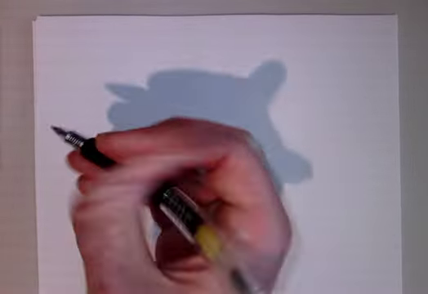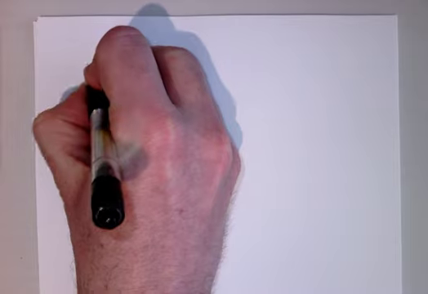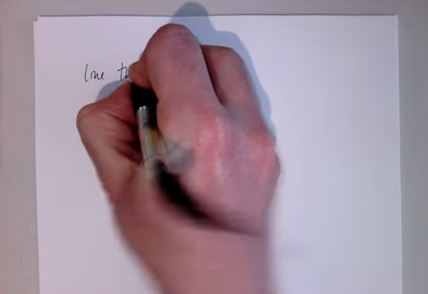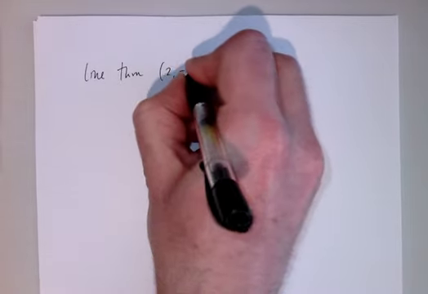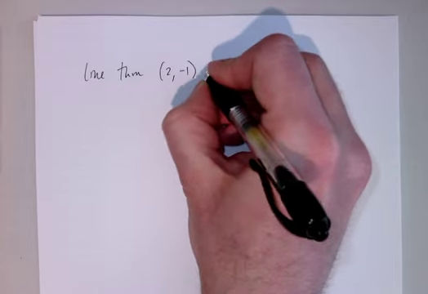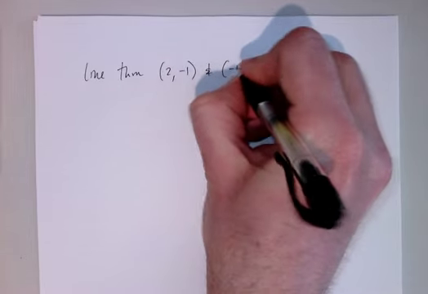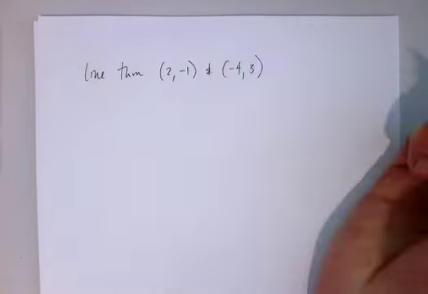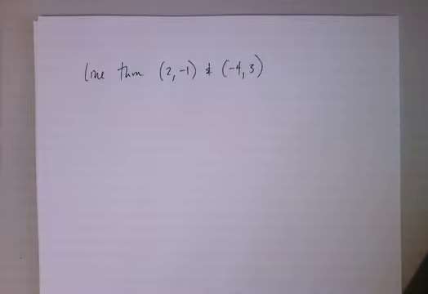Okay, let's say that we're given a line, and let's say it goes through 2, -1, and -4, 3, or something like that, okay? Now, here's the thing.